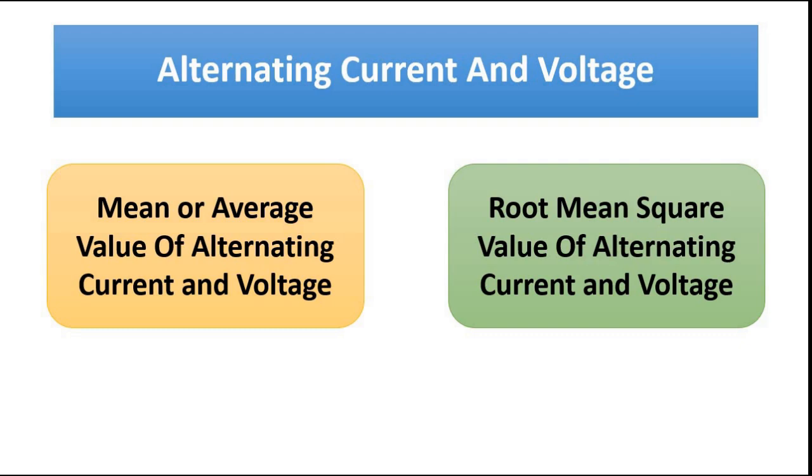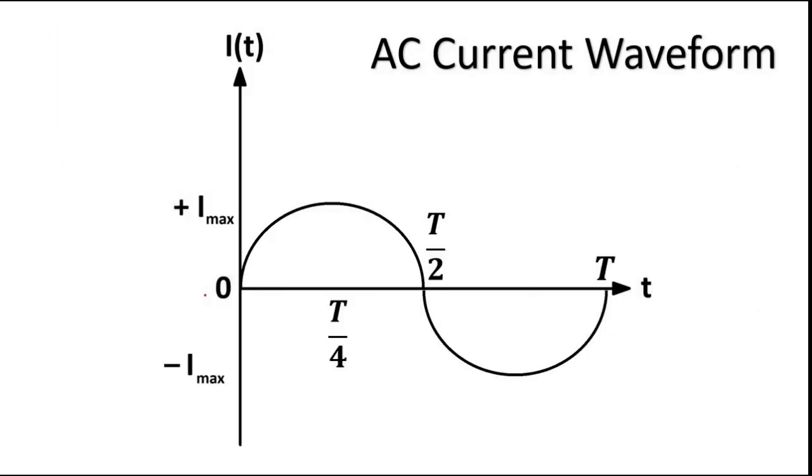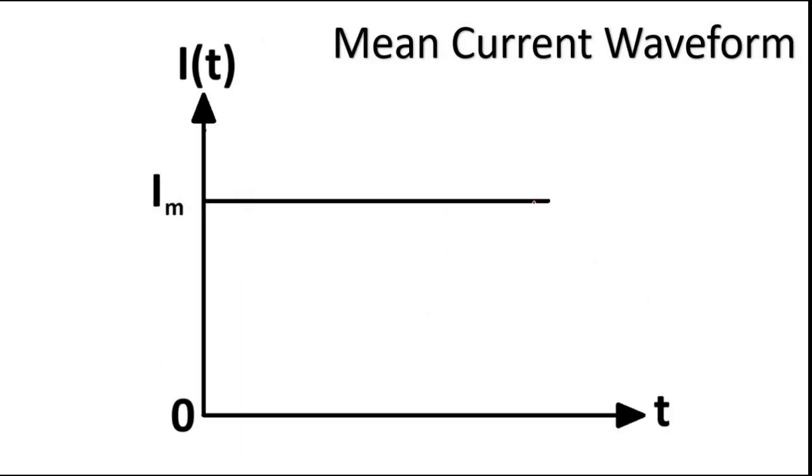So what is the mean value of an alternating current? Let us say we have this alternating current with time period T, amplitude Imax, like this. We want to find an equivalent DC representation of this AC current.